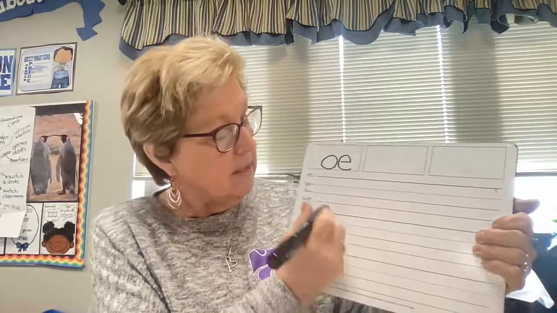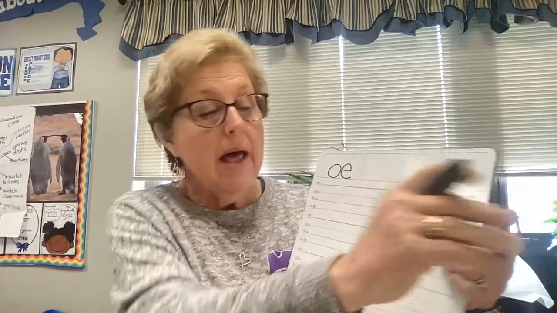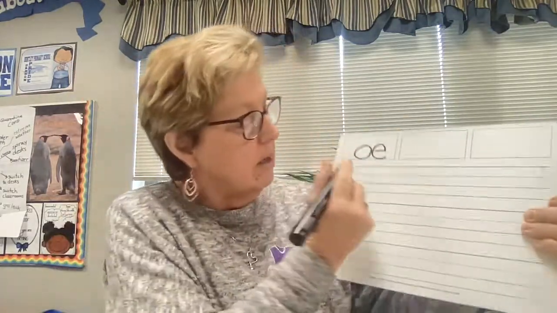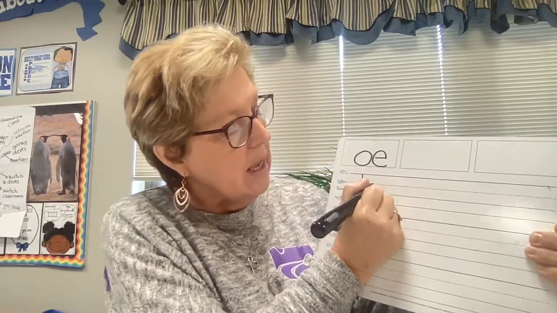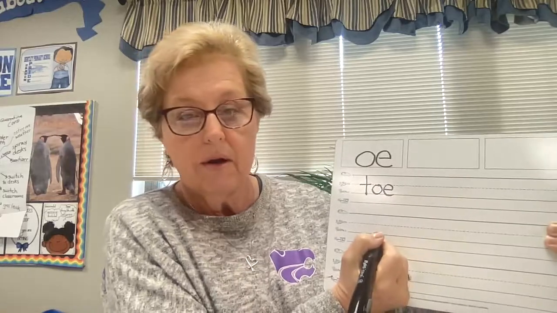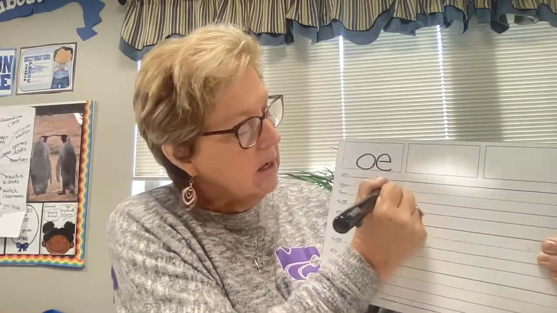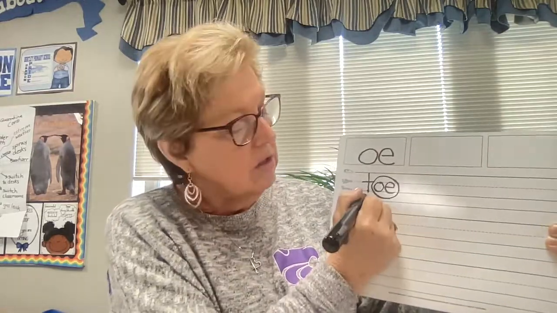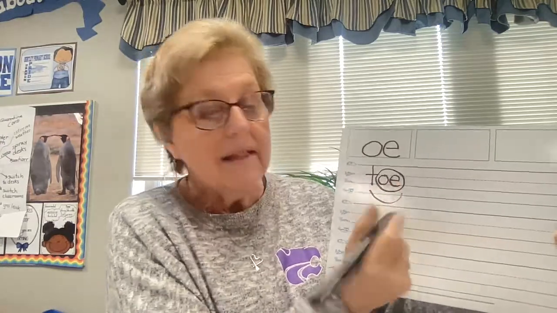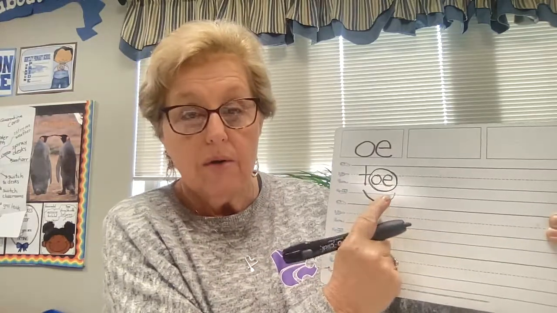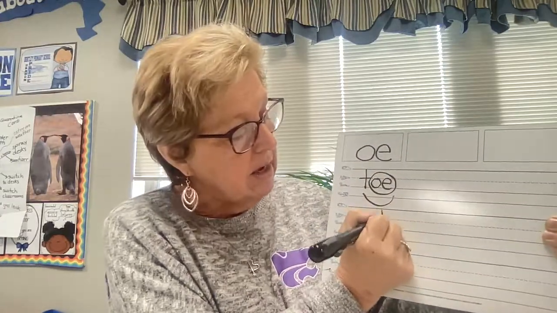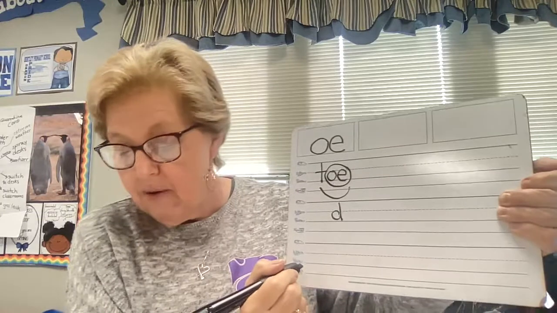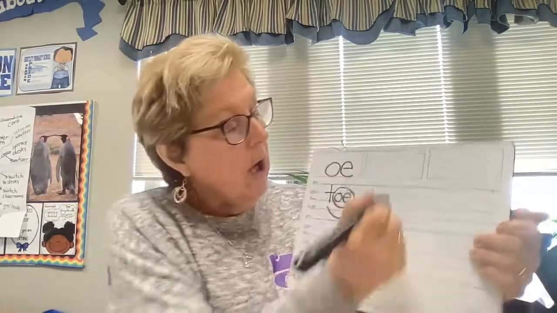An example of this would be the word toe. Echo me, toe, T-O. T, and then you would put O-E, toe. And that would be circle the O-E, scoop it. It's a double vowel. It's also an open vowel, but we're going to call it a double vowel because it has the double vowel there.